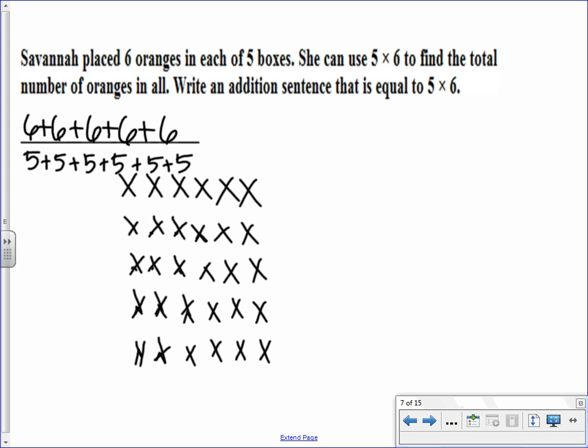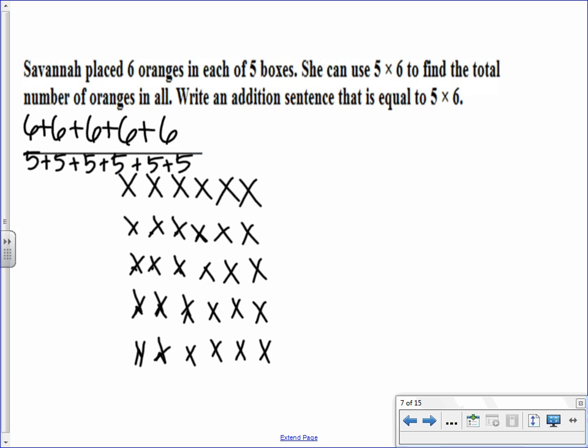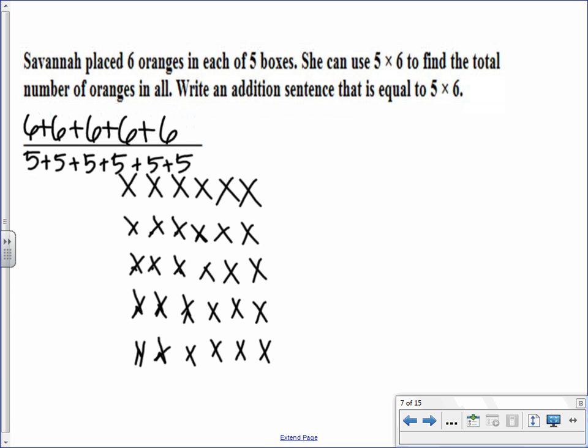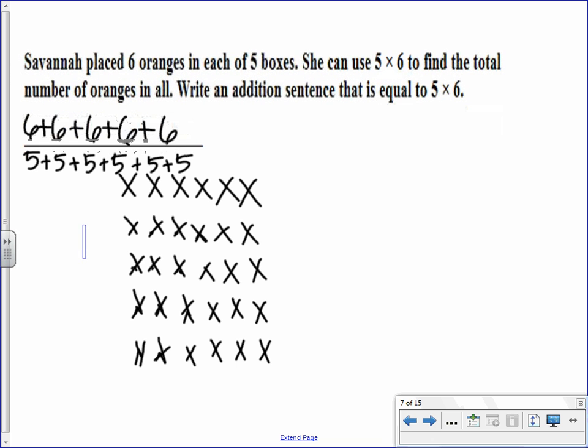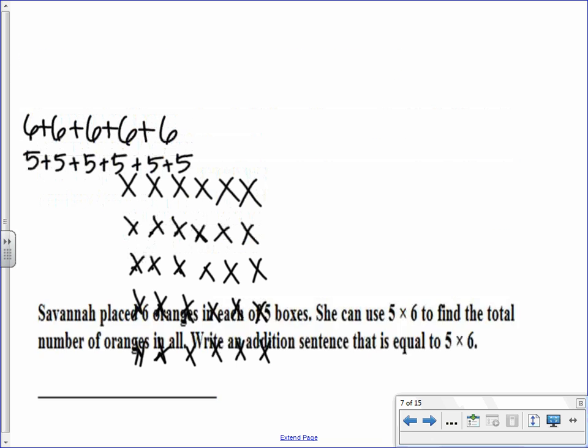Just going to redraw some of those X's. Now, I'm going to demonstrate what Joanna said. I'm going to move this out of the way.